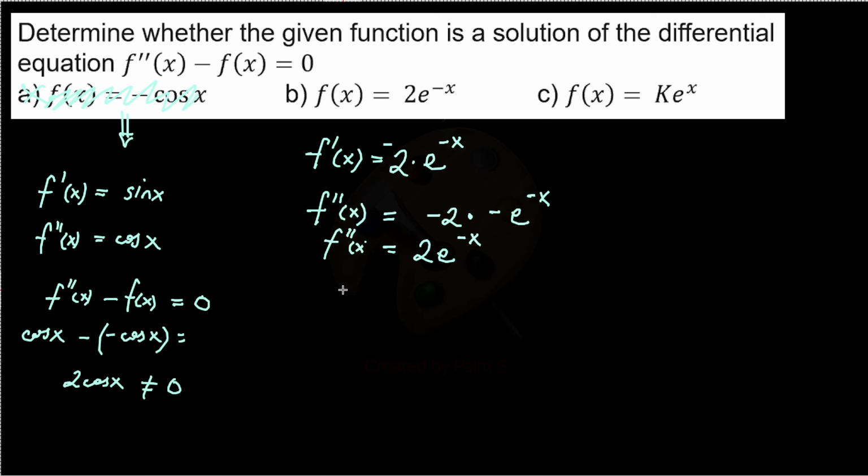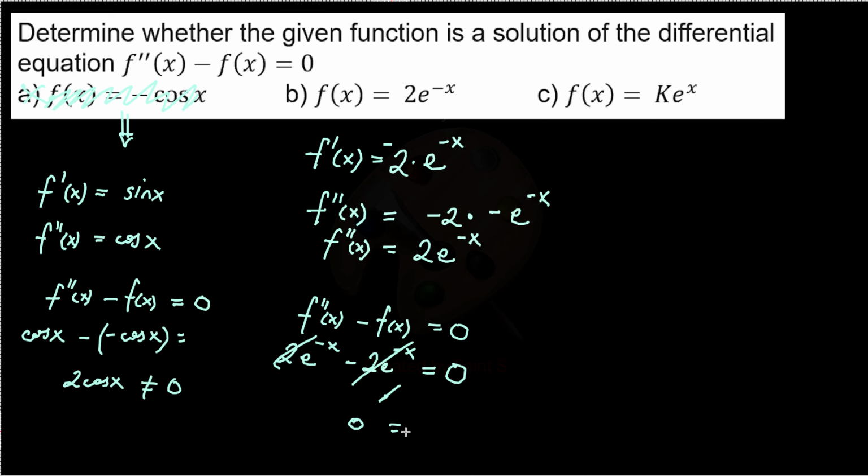So I can check again. The differential equation is f double prime of x minus f of x equals 0. F double prime of x is 2e^(-x), f of x is 2e^(-x), and this, in fact, does give me 0. 0 equals 0.